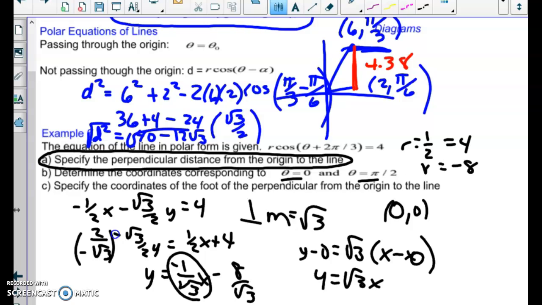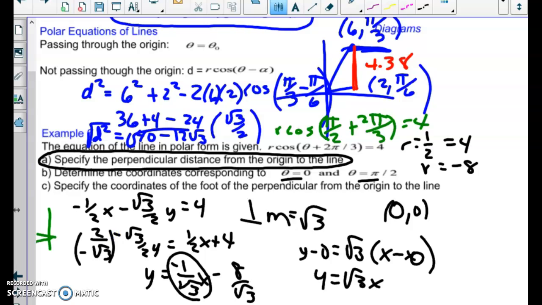And if I put in pi over 2 for my theta, I'm going to have r cosine of pi over 2 plus 2 pi over 3 equals 4. Well, pi over 2 plus 2 pi over 3, if I plug that in, oh dear, I'm going to have to do some math. I'm going to pause.